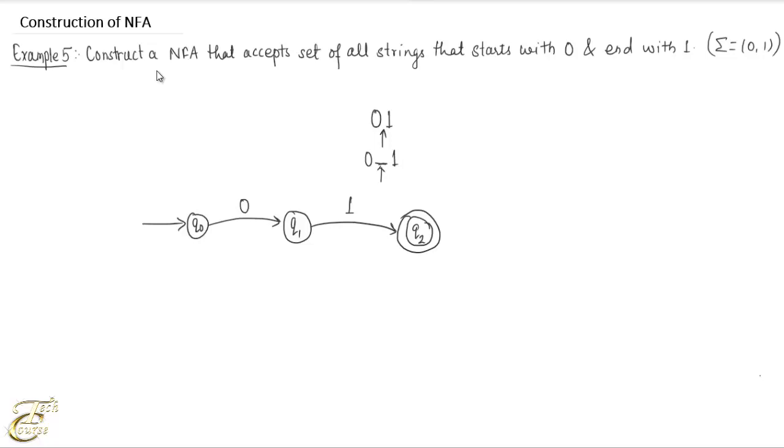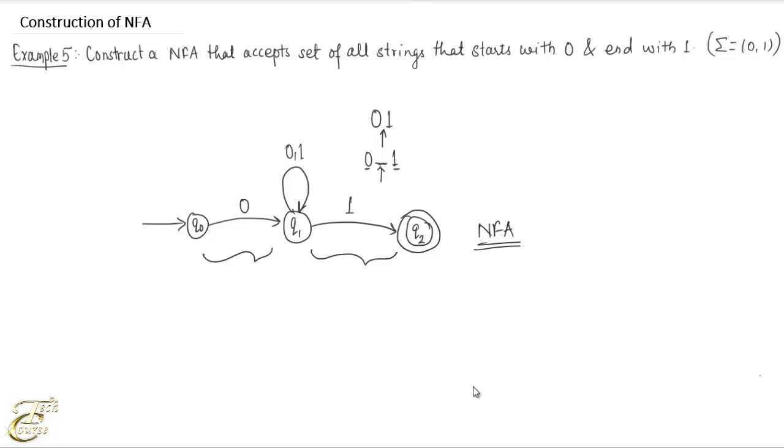Therefore we make this transition on encountering the symbol 0, 1 in Q1 state, so that these symbols are consumed by these transitions, and the checking of 1 in the last is performed by this transition, and the checking of this 0 in the first position is performed by this transition. So this is our required NFA.